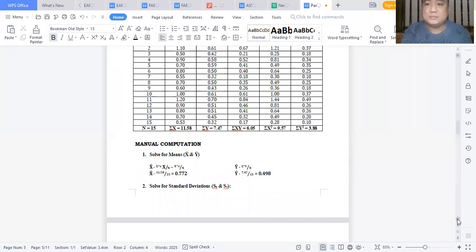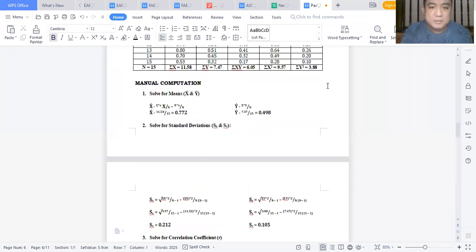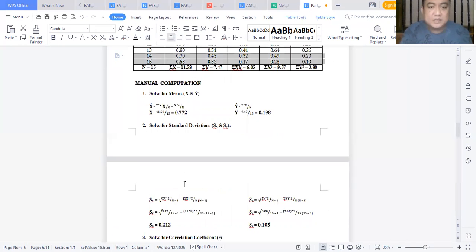Second, for the means, we have solved the mean of X and Y based on the table above. For the standard deviation, we need to substitute the numbers here to get the standard deviation. So the summation of X squared, square root, over n minus 1, 15 minus 1, minus the summation of X, squared, divided by n, then n minus 1.